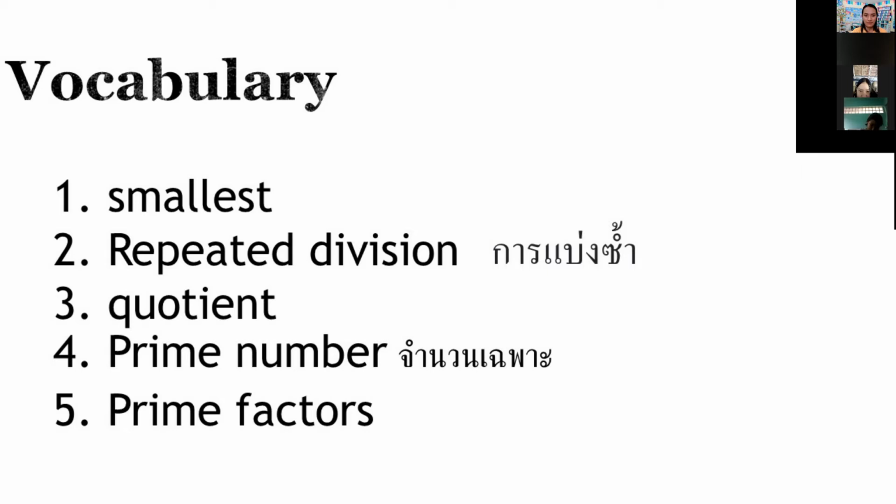Number 3, quotient. Yes, very good. Number 4, prime number. Number 5, prime factor. Okay, very good. Please repeat number 2, repeated division. Repeated division. Very good, King.